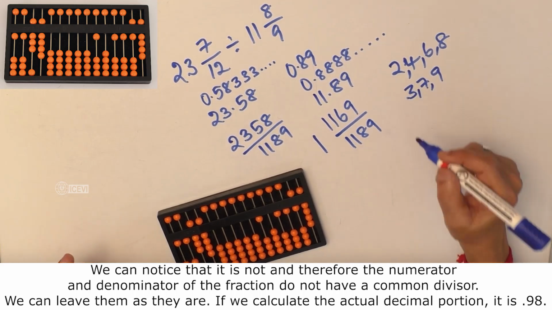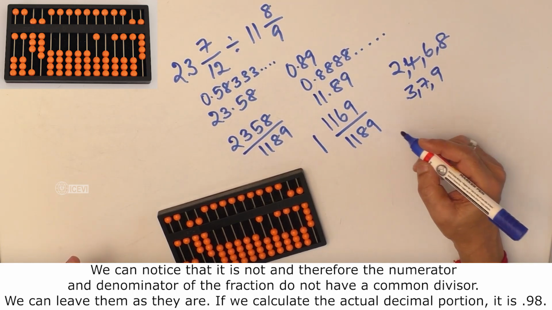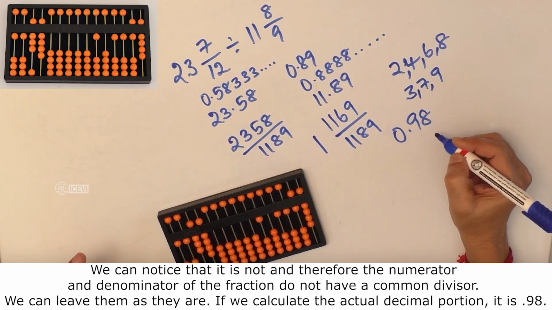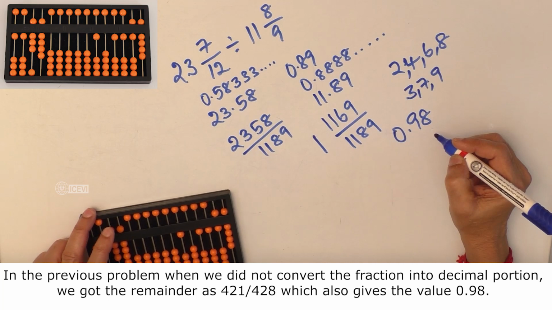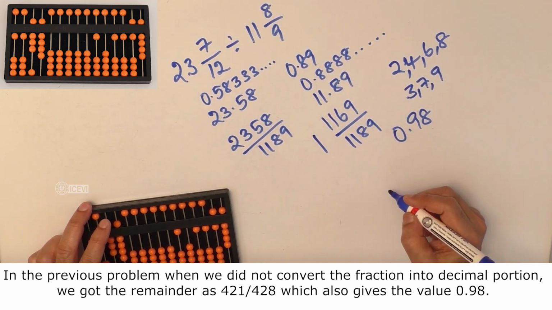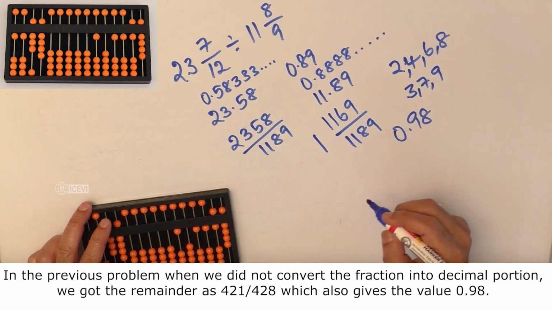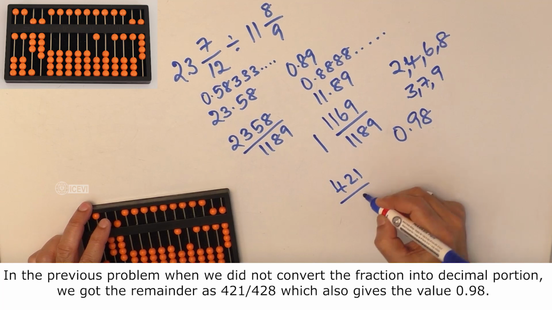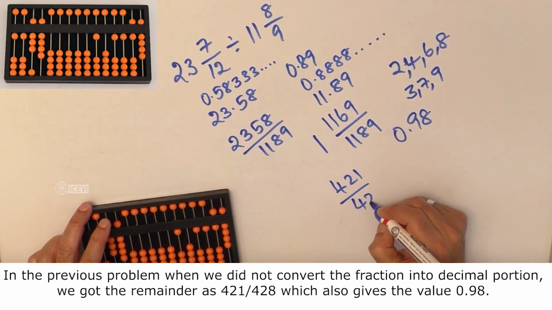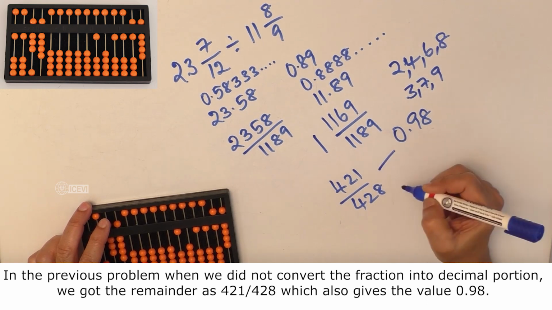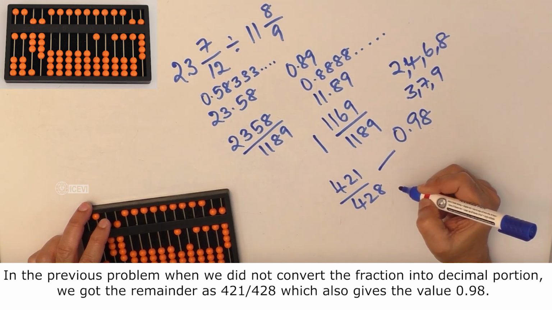If we calculate the actual decimal portion, it is 0.98. In the previous problem, when we did not convert the fraction into decimal, we got the remainder as 421 divided by 428, which also gives the value 0.98.